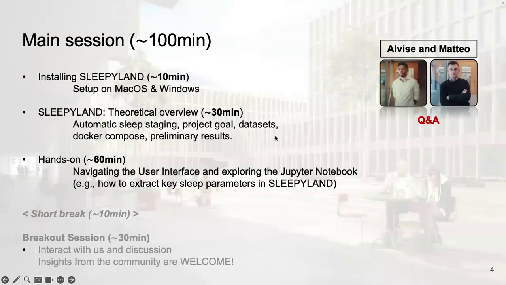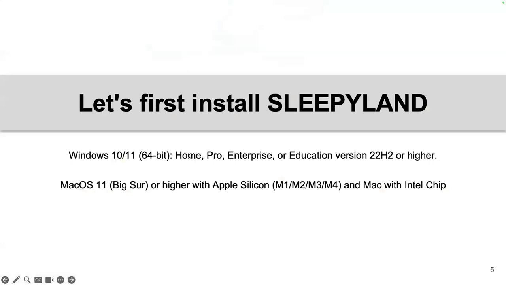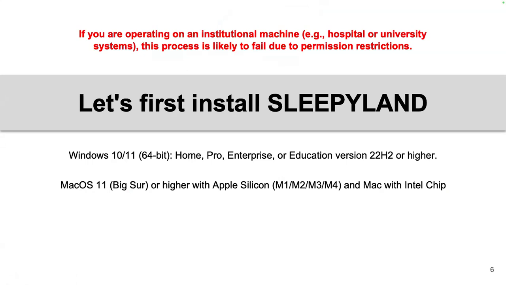Now that I have everything installed on my Mac, these were actually the slides where I was supposed to tell you, I'm sorry, I forgot, that there is also one other exception. If you are operating on an institutional machine, whatever it is, a hospital or sometimes also university systems, the process is likely to fail, just because of permission restrictions.